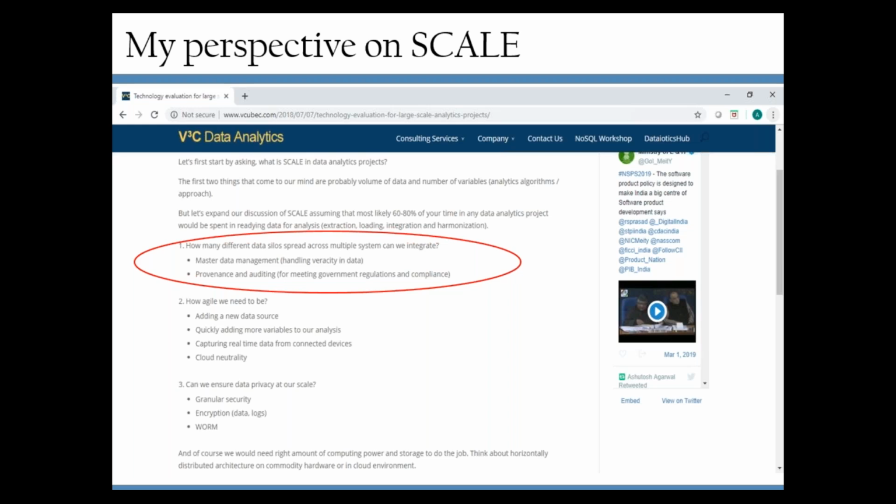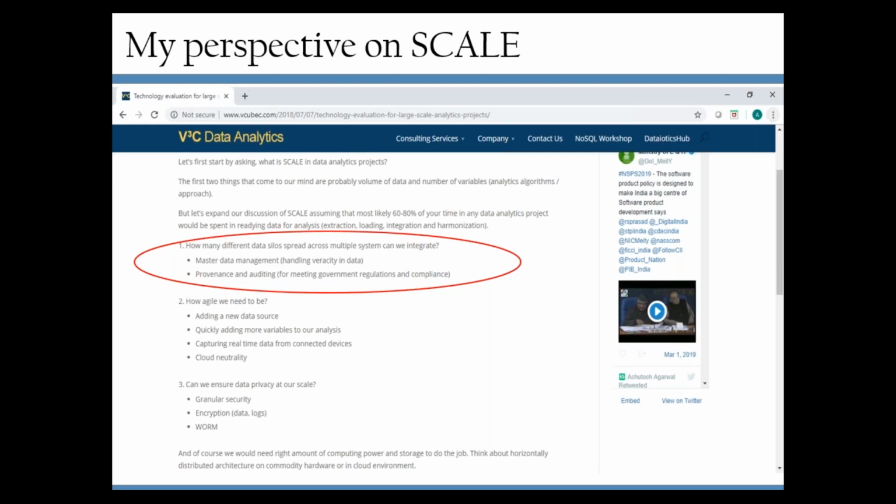There are so many data sources, and they have all their operational transactional data out there. So master data management becomes very important on the engineering side, because until you get the right set of data, which is not corrupt in some sense, you would not be able to test your algorithms correctly.